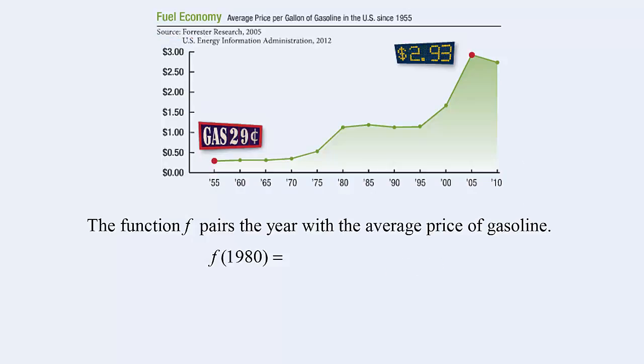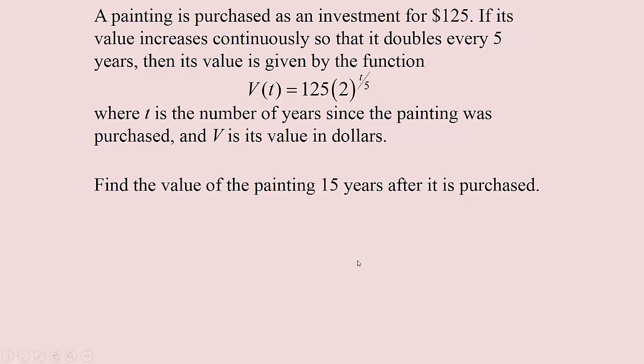F parentheses 1980 means what do you get when x, or the year, is 1980? Well, you can see here's 1980, and the dot for 1980 comes out to be somewhere between $1 and $1.50. So we would estimate that to be about $1.20.